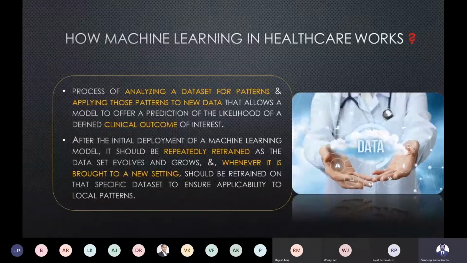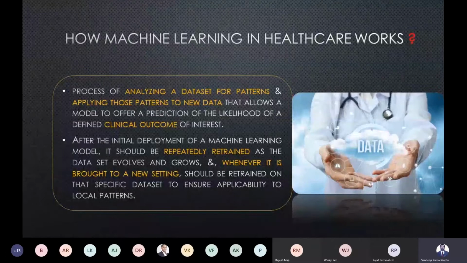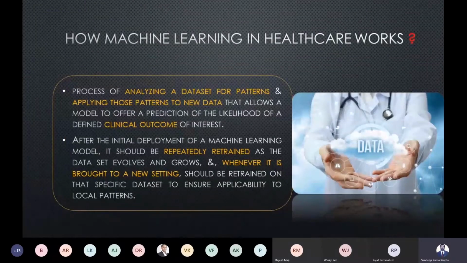It's a pretty simple, straightforward process that allows a model to offer a prediction of the likelihood of a defined clinical outcome of interest, right? We discussed that outcome. What is the outcome of interest, right? So we try to predict that using this.